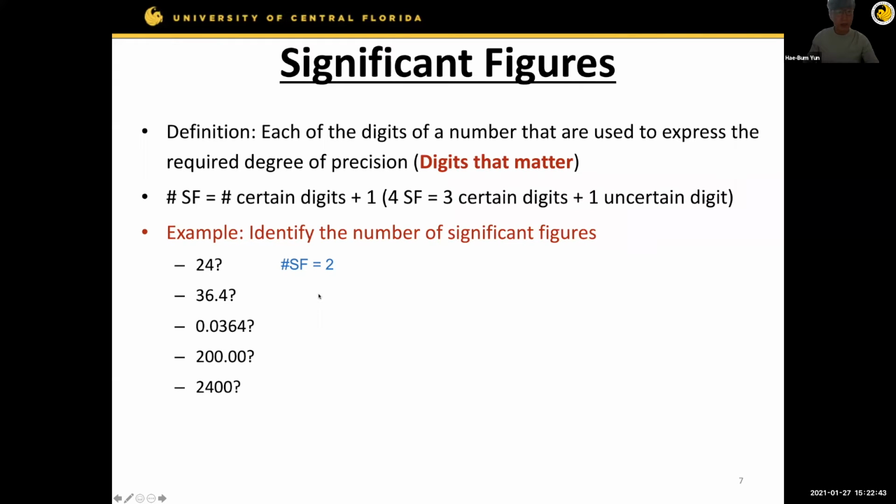Second one, 3. Third one, 3. Fourth one, 5. So 1, 2, 3, 4, and 5, right? And the last one, 2. So these are how you can determine the number of significant figures.